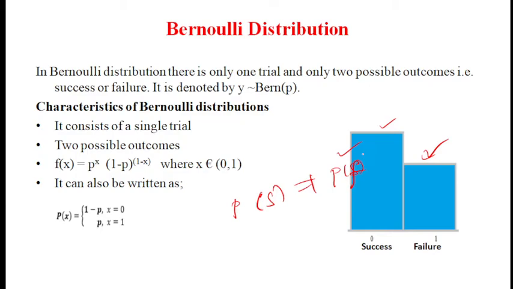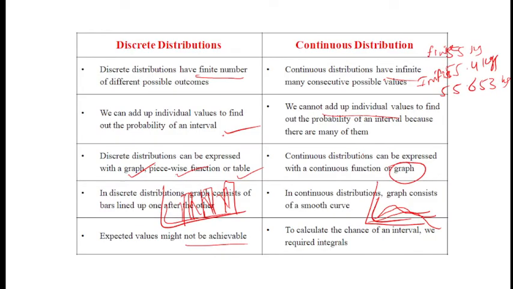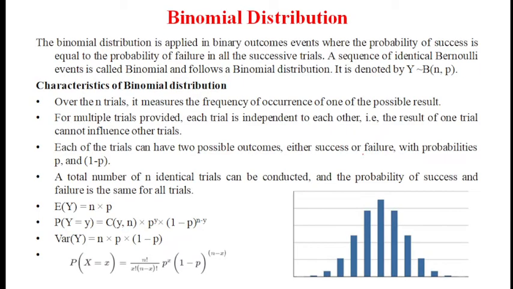Let us go to the next one. Binomial distribution. What is the difference between Bernoulli's and binomial? Under Bernoulli we can have only one trial with two possible outcomes, whereas binomial distribution is applied in binary outcome events where the probability of success is equal to the probability of failure.